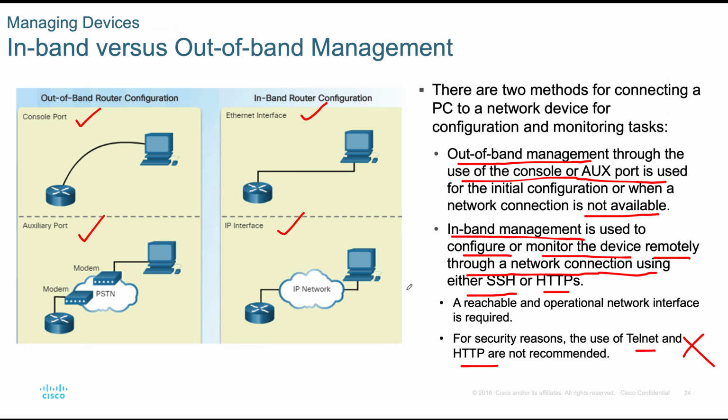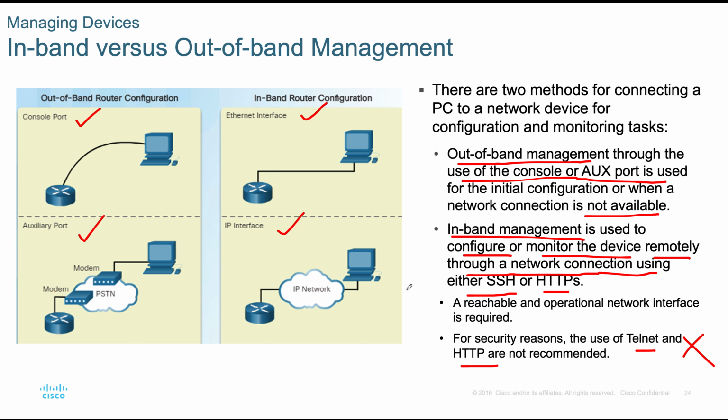Now let's take a look at managing devices. We have what we call outbound versus inbound management. Let's start with the outbound. Outbound is the configuration you do when there is no network. When you just buy a router, there's no network, right? The configuration that you do to your router and your workstation, your computers, is called the outbound service.